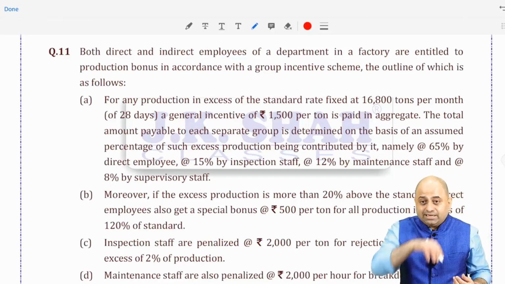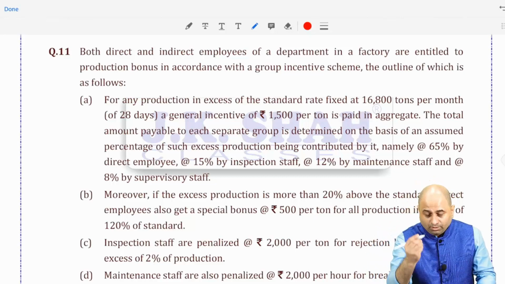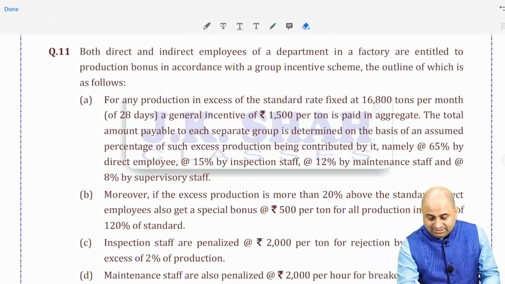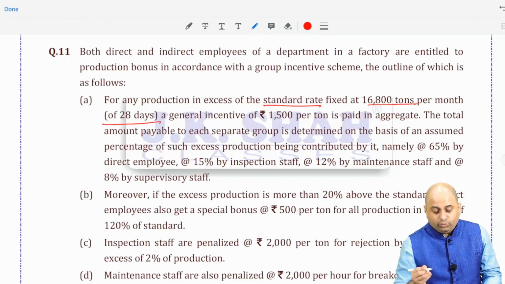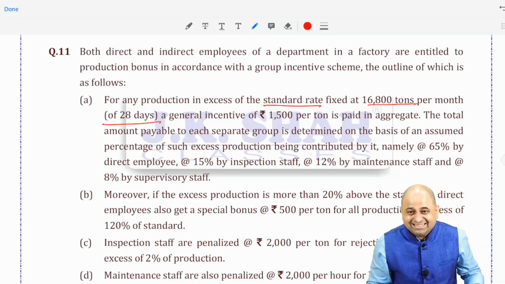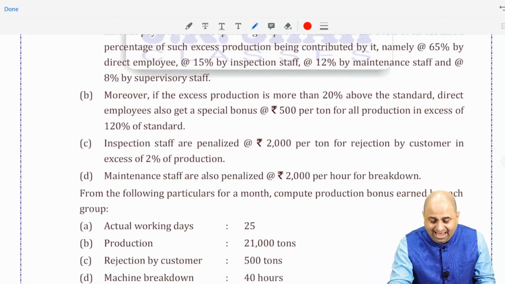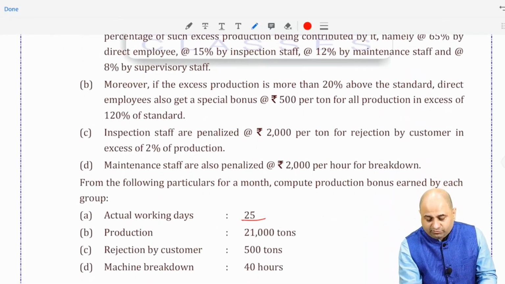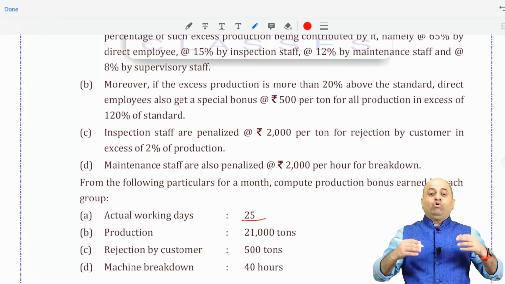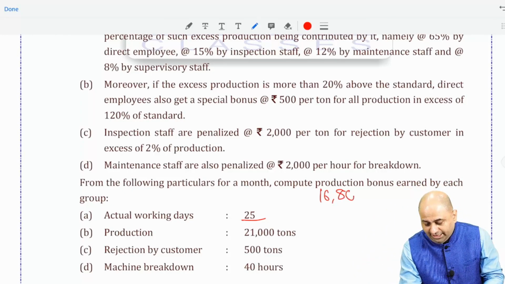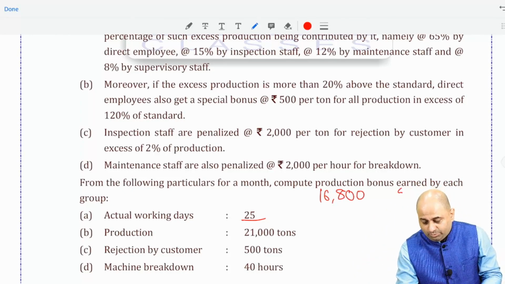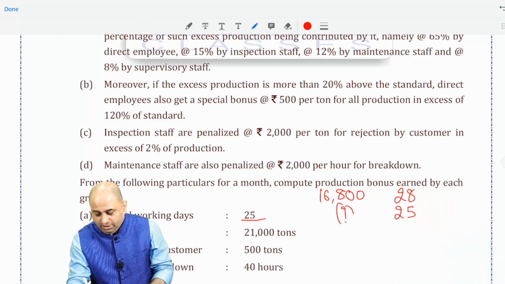But when I say standard production and actual production, what you need to understand is that standard production is 16,800 tons of 28 days. You can't compare that because the actual data is of 25 days. So you have to do a cross multiplication: if 16,800 is a standard production of 28 days, then how much will be the standard production of 25 days?